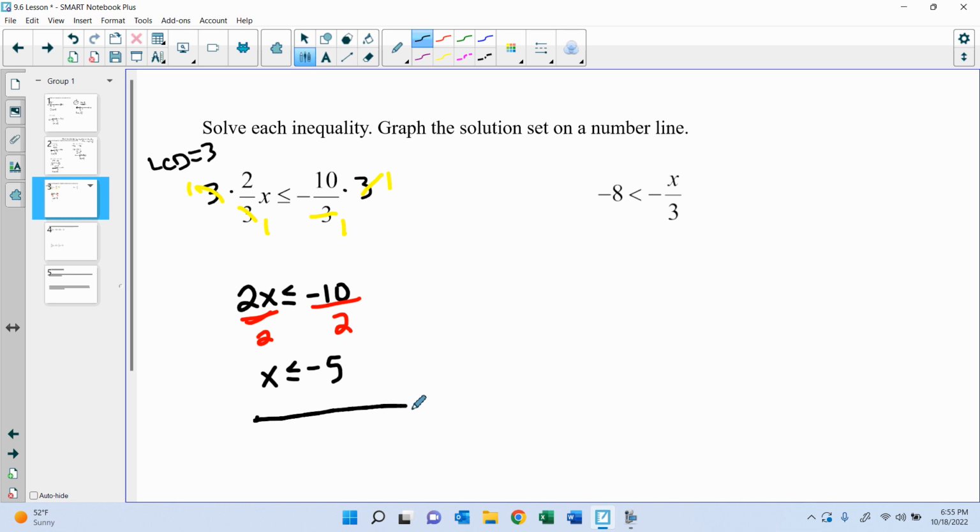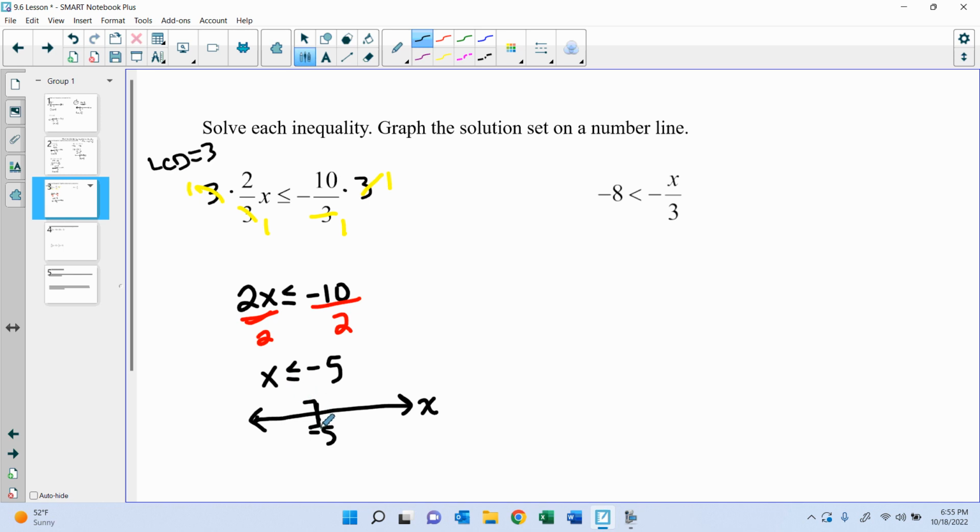So just make sure you keep your inequality sign in there. And I'm just going to put negative 5 on there and not anything else. It says this is the number line for x. It says x is less than or equal to. Less than is left. Less is left. So I'm going to put square bracket here because it's equal.